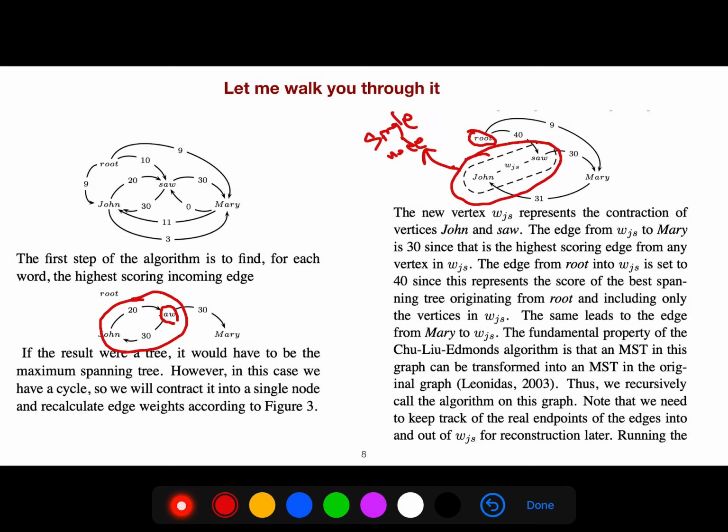So the fundamental property of CLE is that the maximum spanning tree in the contracted graph can be transformed into the maximum spanning tree in the original graph. Thus, we recursively call the algorithm on this graph, and we need to keep track of the real endpoints of edges into and out of the contracted node for reconstruction.